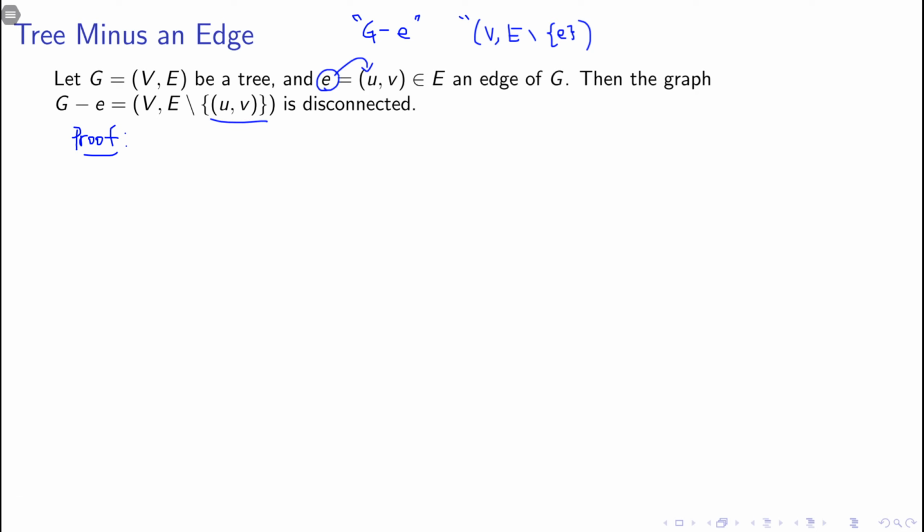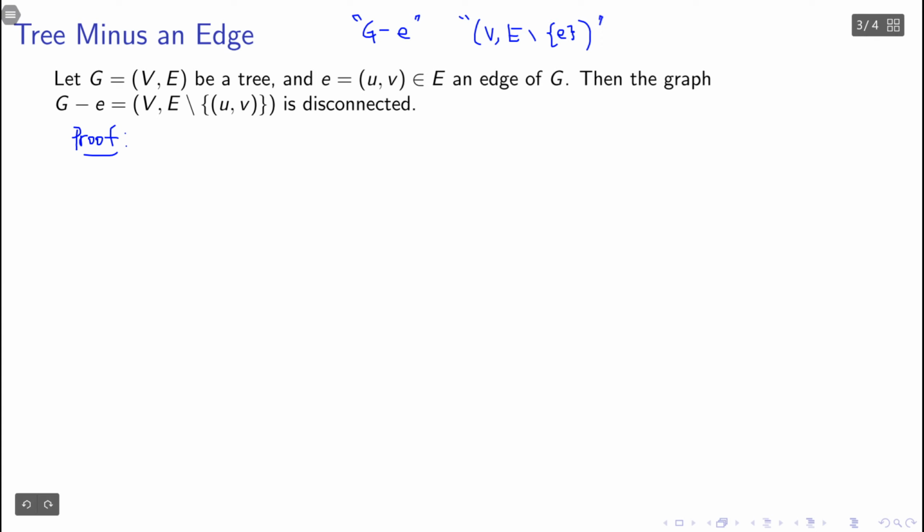Sometimes we'll refer to edges just with a name, just call the edge E. Sometimes we'll refer to them using their endpoints, so it's the edge from U to V. Here we actually give names to the endpoints, U and V, of the edge that we're removing.